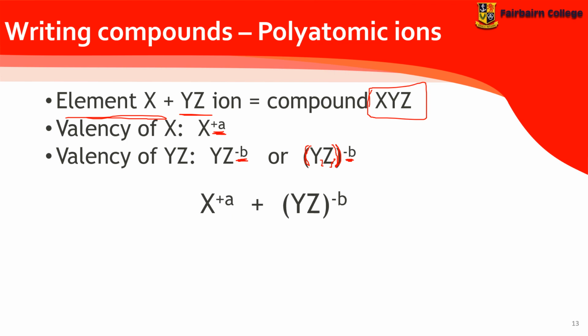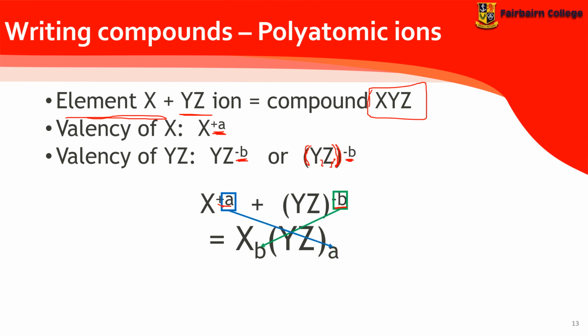So we have X plus A and YZ minus B. Then we do the same thing. We take the A over and we take the B over, and then we're going to get, sorry, let me just erase here, X_B, (YZ) in brackets, A. Okay, so again, if my words don't make sense, then take in the visual information that I'm showing you.